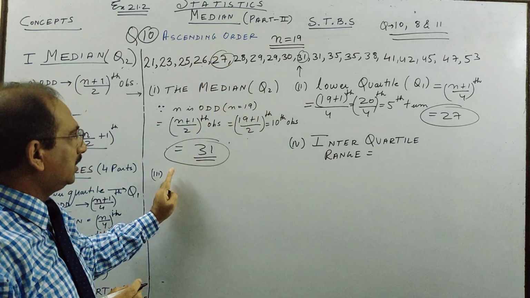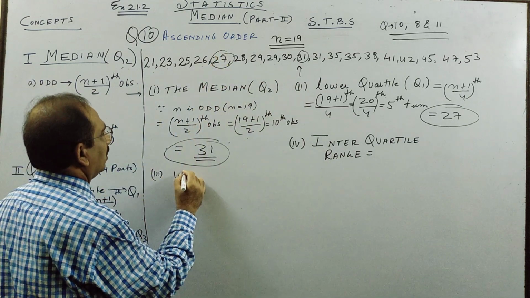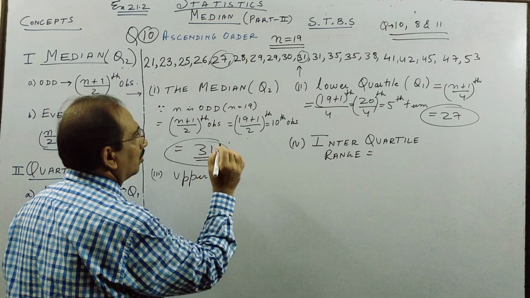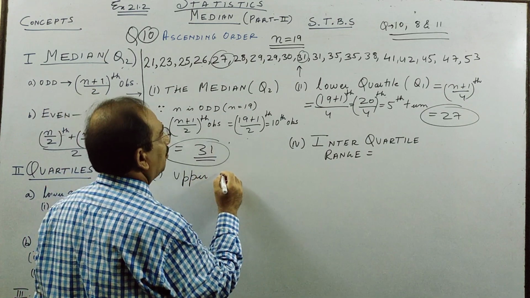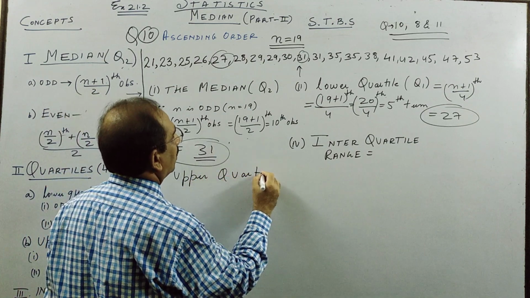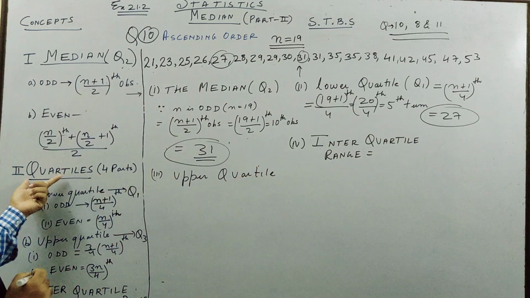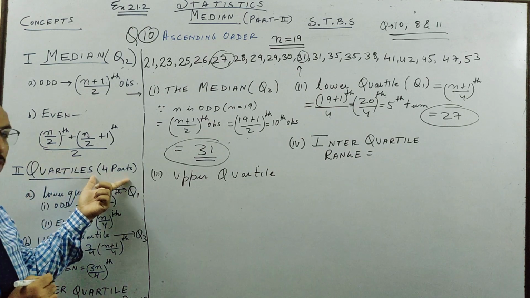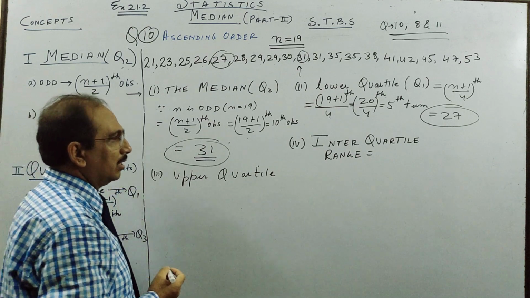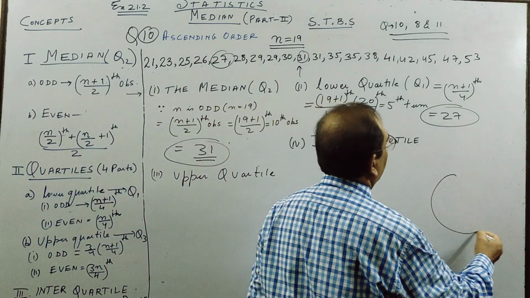Let me do this, then we will clear the concept. Upper quartile. As you see, quartile means quarter, 1/4, the fourth part. You divide a full thing into 4 parts.